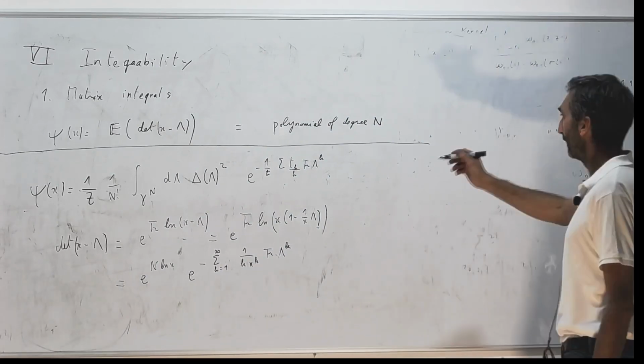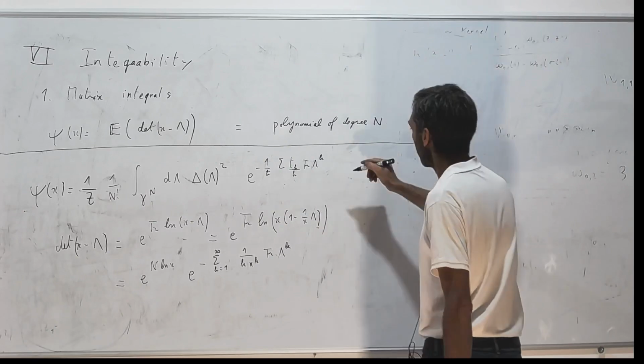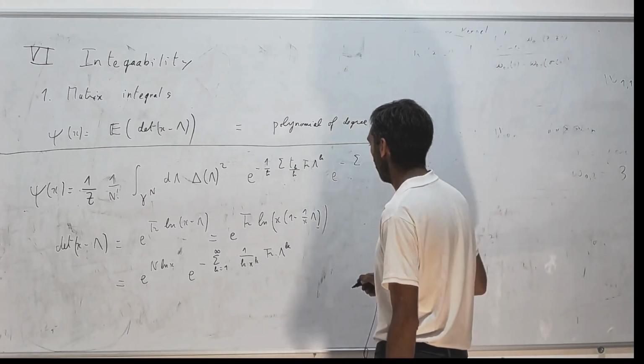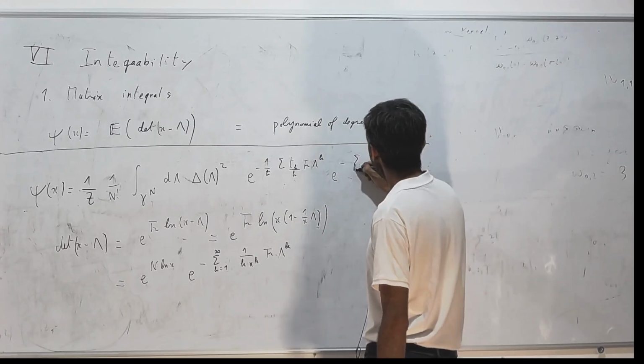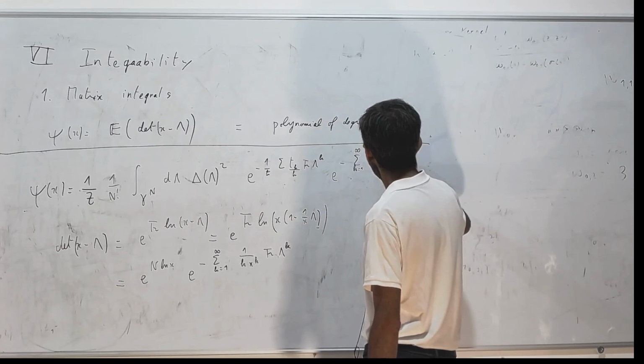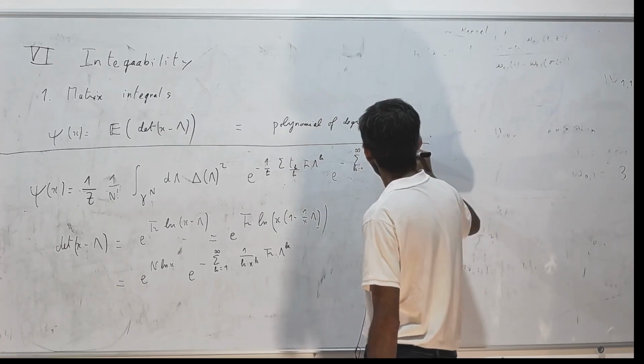So here, coming back to the thing I had here, I have exponential minus sum over k equals 1 to infinity, 1 over k, x to the k, trace of lambda to the k.